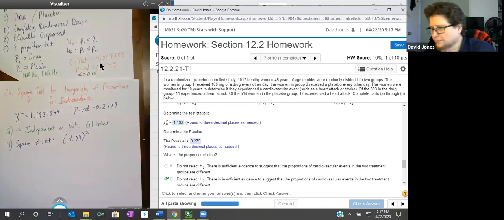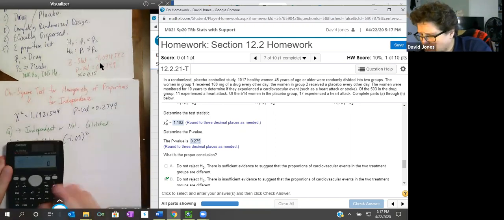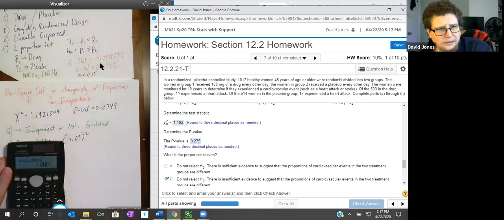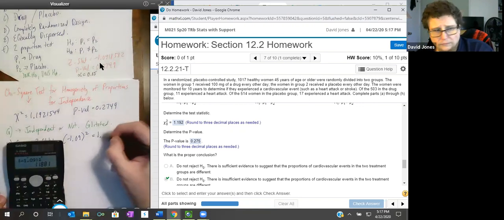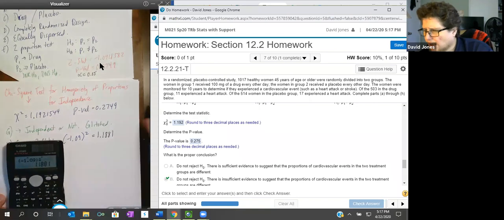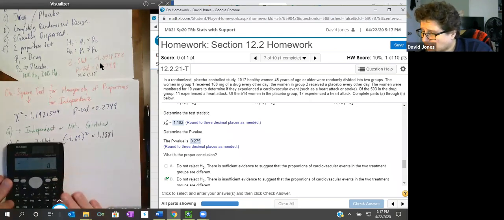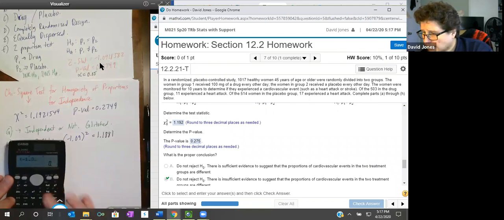They had us do 2 decimal places. I wonder if I would have put the whole thing in, how close I'd get. Put the whole thing in, because I got it written down right there: 1.09185882.